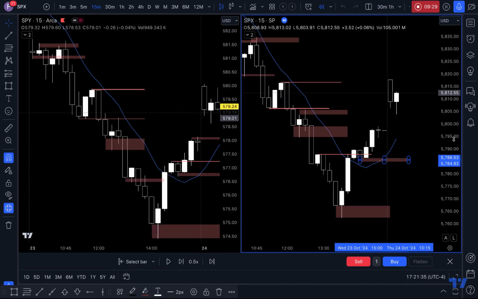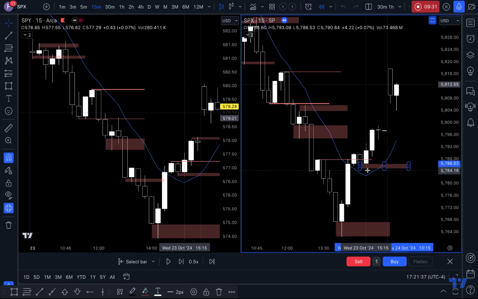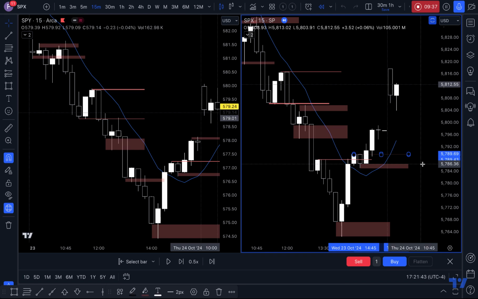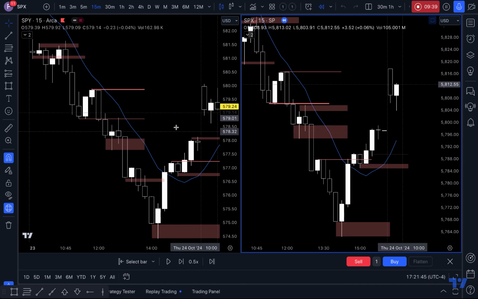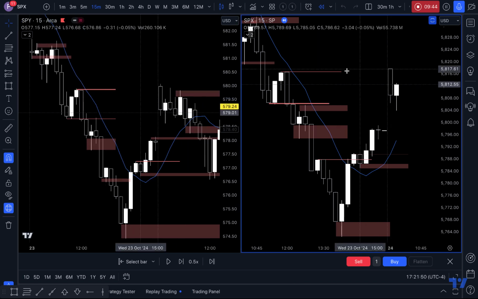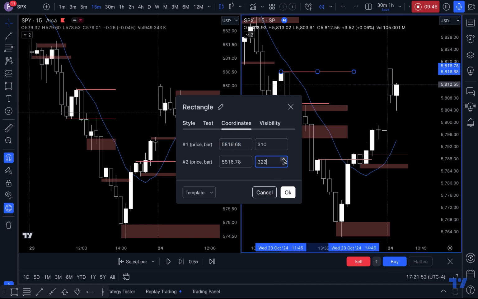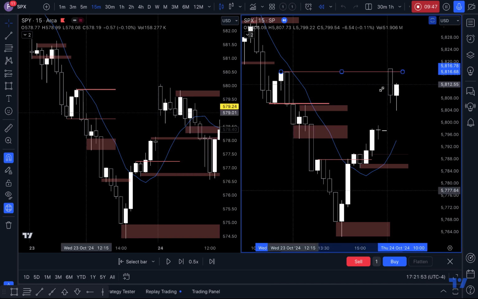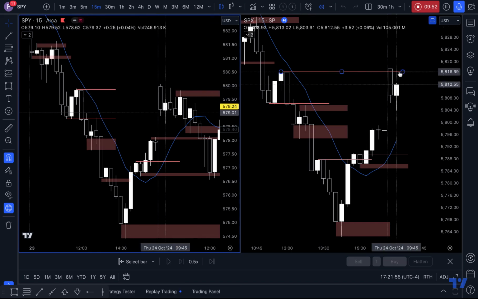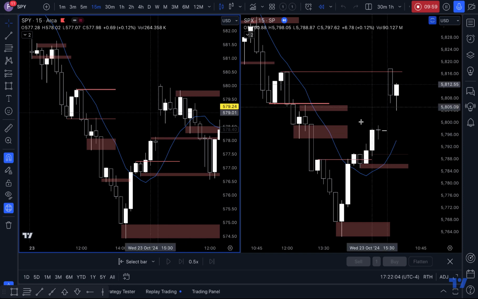So you can always draw just to see, okay, where this pullback could take us, where this breakout can take us, and which resistance it is wanting to test. So, yep. Because of that, you see this? I didn't stretch it out here, but if you do stretch it out, you can see we had a rejection the day after.